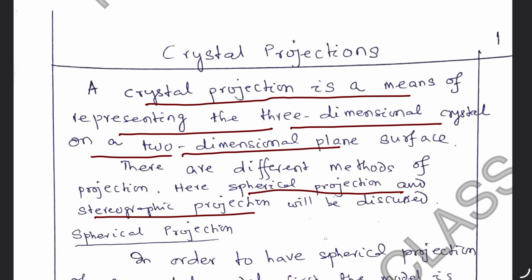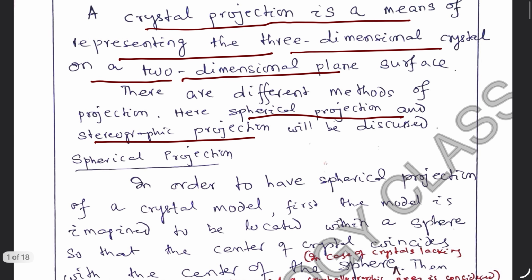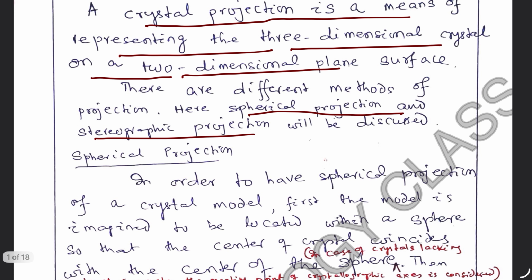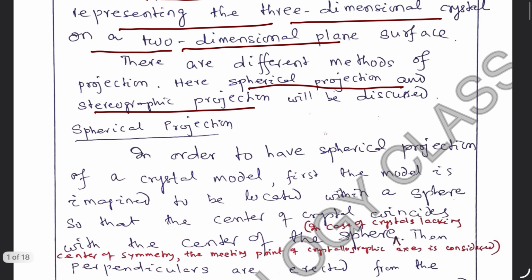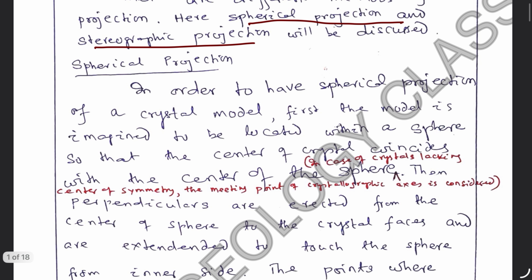So what is spherical projection? In spherical projection, the crystal model is assumed to be located within a sphere, so that the center of the crystal coincides with the center of the sphere. Or if the crystal is lacking a center of symmetry, in that case the meeting point of three crystal axes or four crystal axes is taken as the center of the crystal, and that should coincide with the center of the sphere.